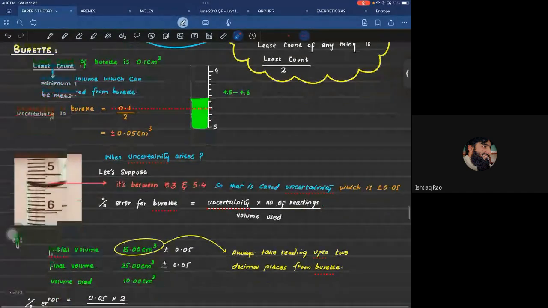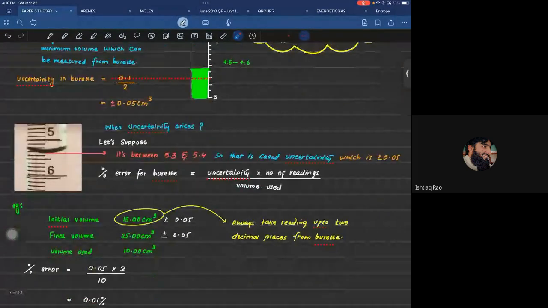Then he would be asking you to tell him the percentage error of the burette. Of course, you will be making an error because you're not writing down the correct value. So the error of the burette is equal to uncertainty multiplied by the number of readings divided by the total volume used.